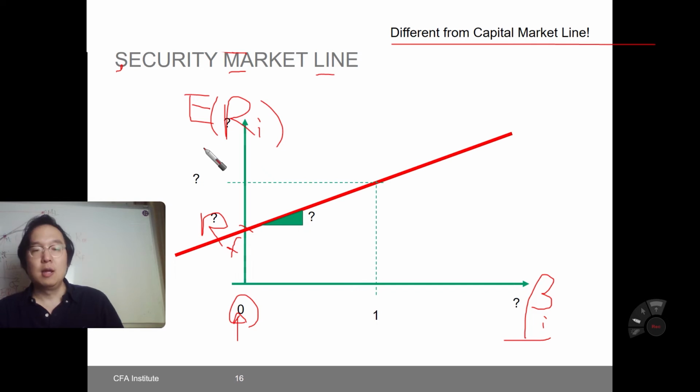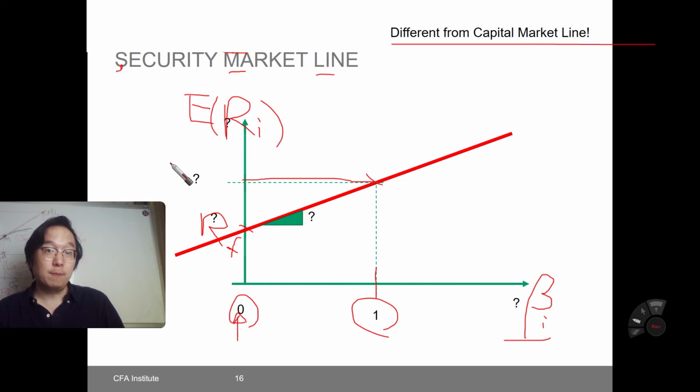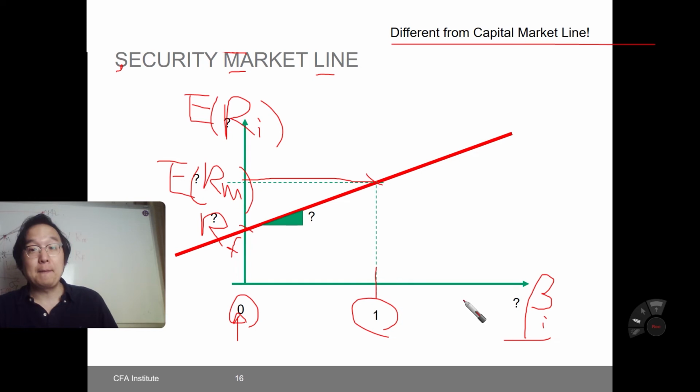Make sense? And when beta equals 1, what is it? The expected return should be the expected return of the market portfolio, ER_M. Make sense? Yeah, that's that, right?